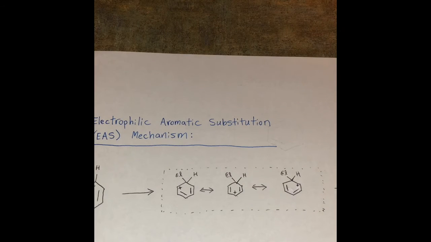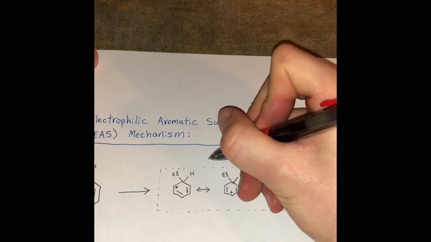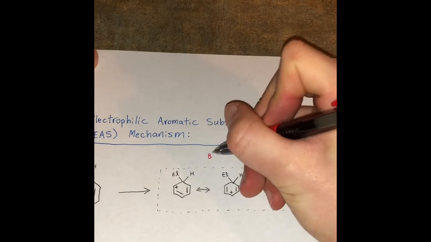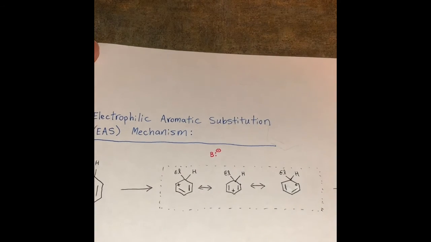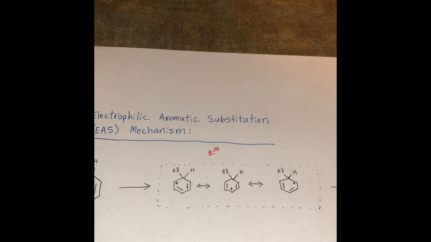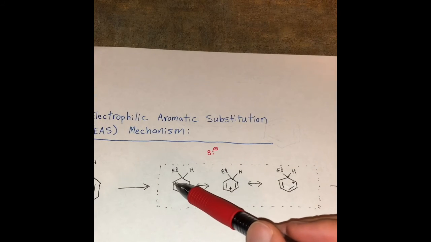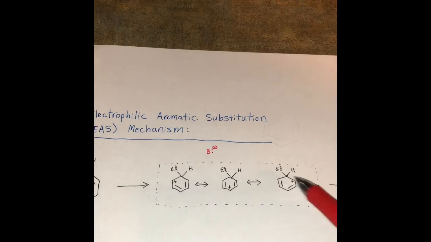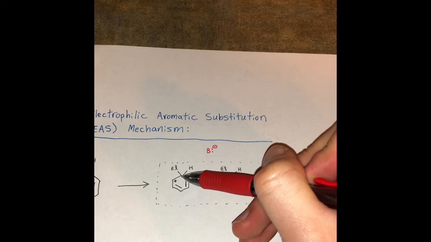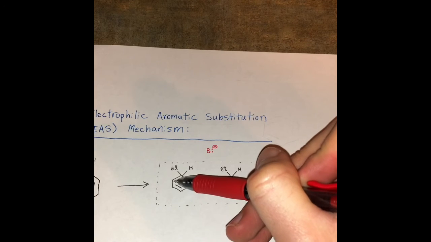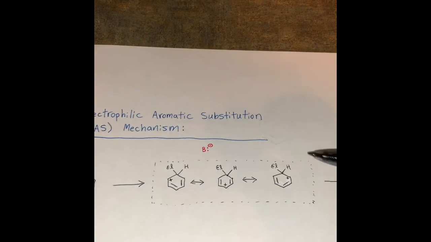Now the last thing that we have to do is put a base in, and this base will deprotonate the hydrogen. We can pick either the first structure or the third one, because the electrons from the H are going to fall down and make a double bond to the carbon that has the positive charge.